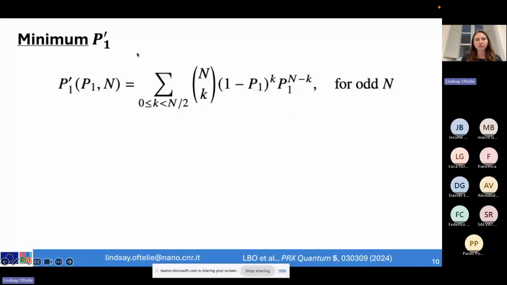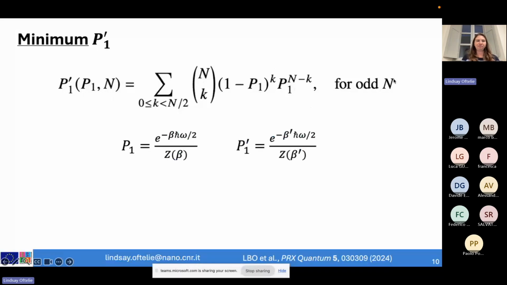And this enabled us to derive an equation for the minimum P1 prime based on the initial P1 and the number of qubits n. When we derived this for odd n, we actually found that for even n, you achieve the same amount of cooling as for the odd n one integer lower. So if you have an even n, just subtract 1, and you can use this same equation to discover how much cooling you get for a given number of qubits.